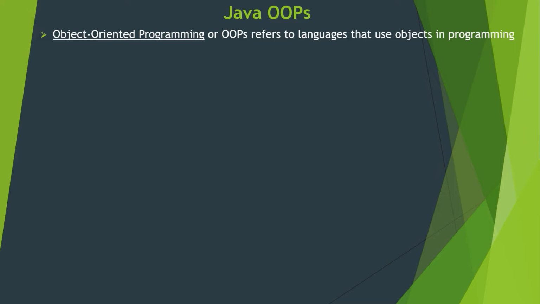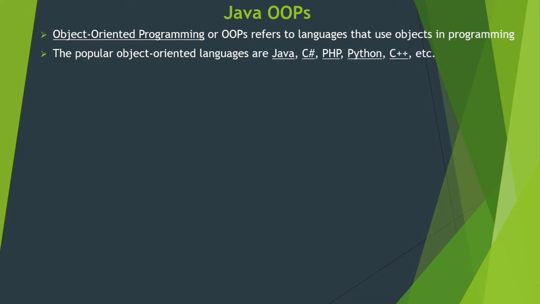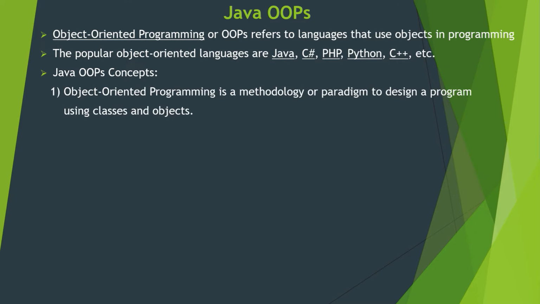In simple words, the language which uses objects in programming is known as object oriented programming. And in the market, we have a variety of object oriented languages such as Java, C Sharp, PHP, Python, C++, etc. Okay, let's start with Java OOPS concepts.